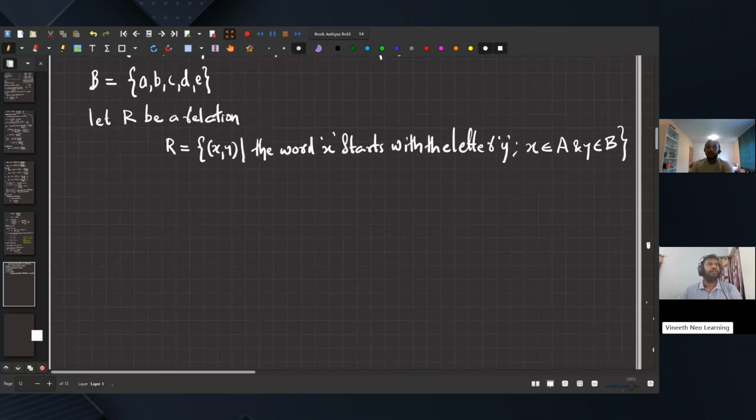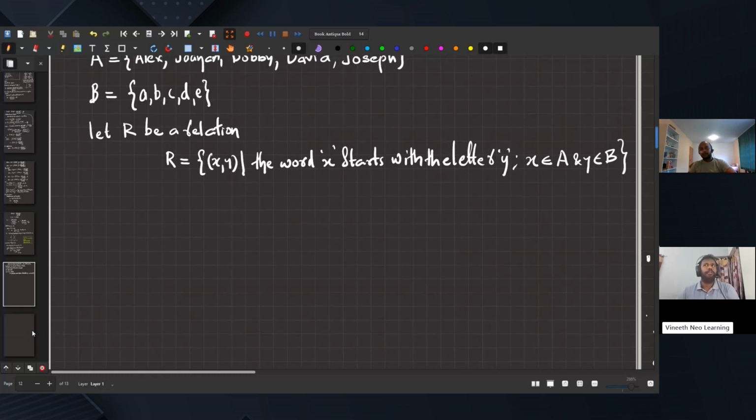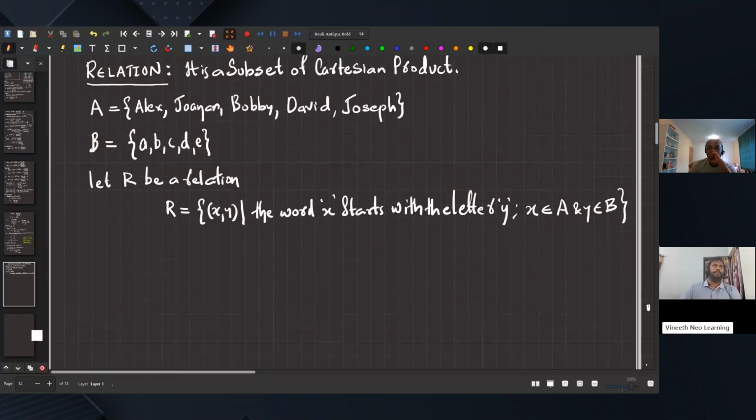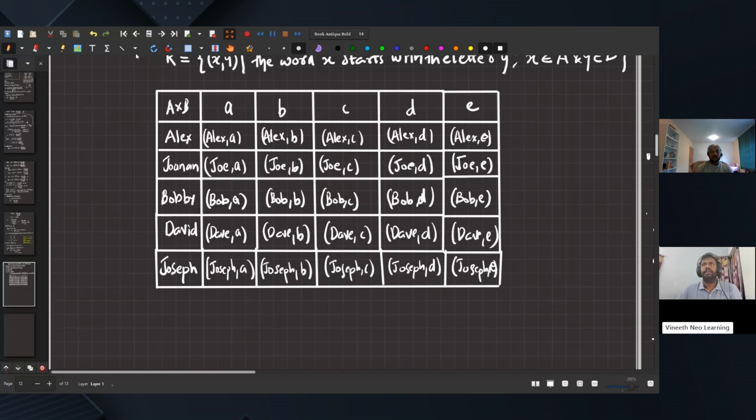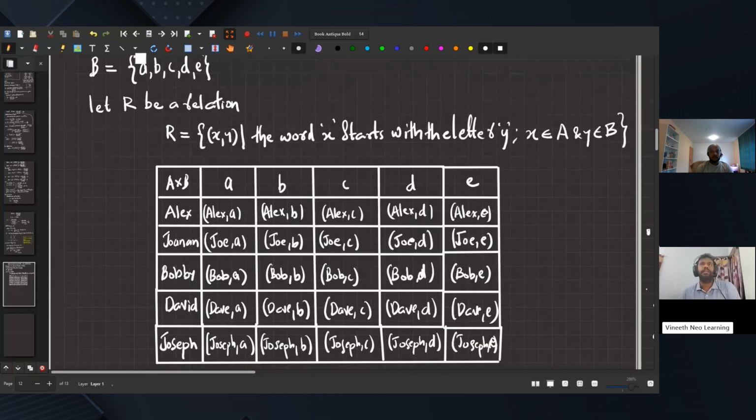In order to find the relation, we need to first find the Cartesian product of A and B. So we will do that first. Our relation was: the word x starts with the letter y.